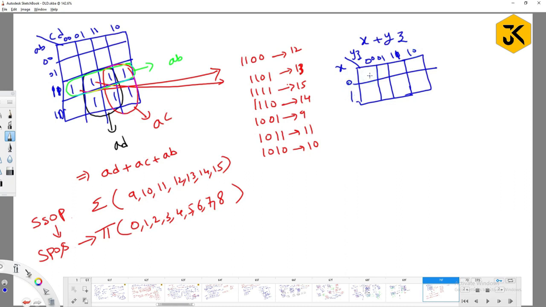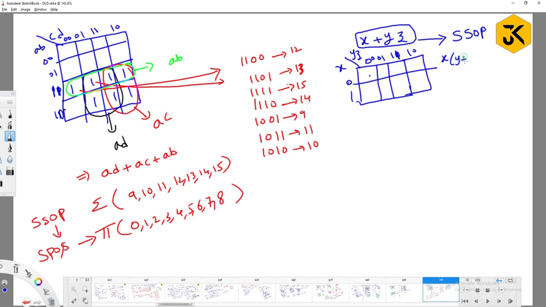What is this value? 0 0 0 0, right? Meaning that this expression you cannot directly represent. So what do you have to do? You have to first convert it into standard sum of the products, then make the representation. That is the advantage of canonical forms, right? Canonical forms are used to represent your data in K-maps. So how can we convert this into standard sum of the products?